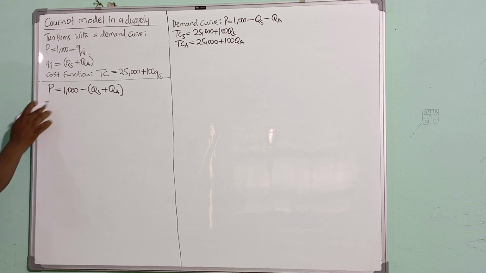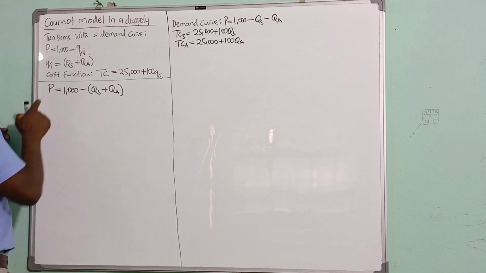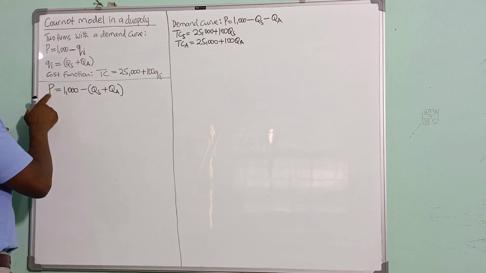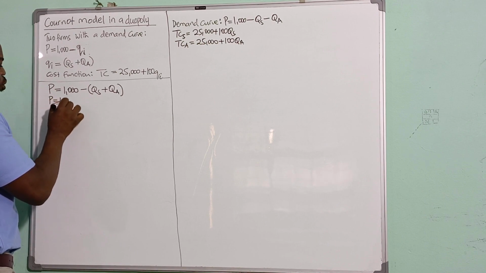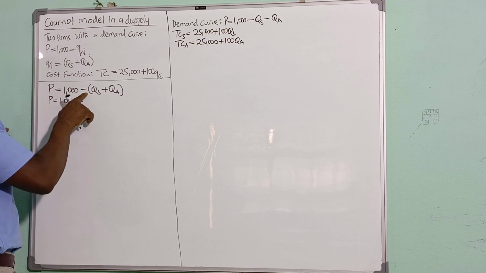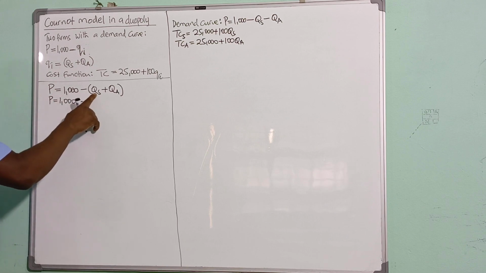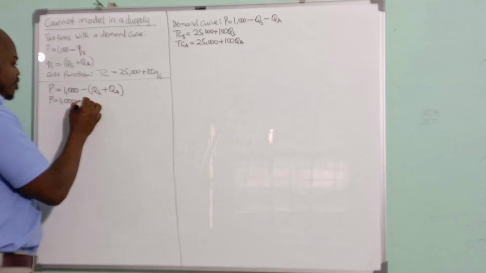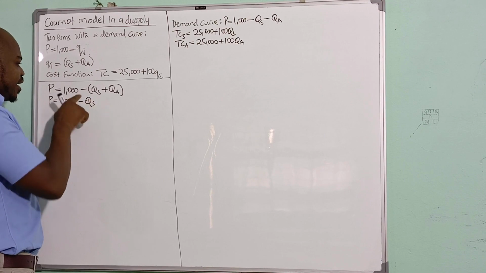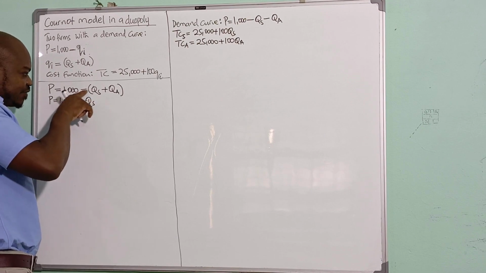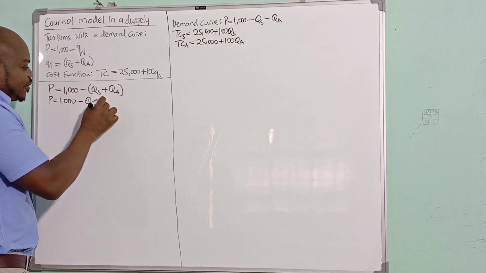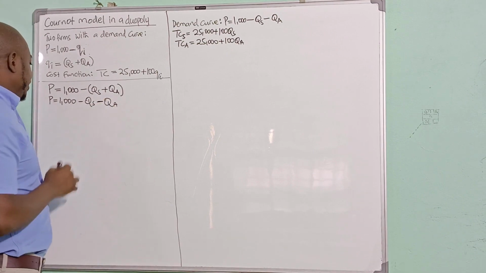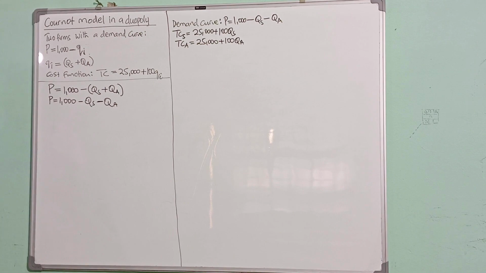To break this down further, price is equal to 1000. This negative will have an impact on the Qs, so I have negative Qs, and then this negative applied to the positive also makes negative Qa. So I've broken it down that way.